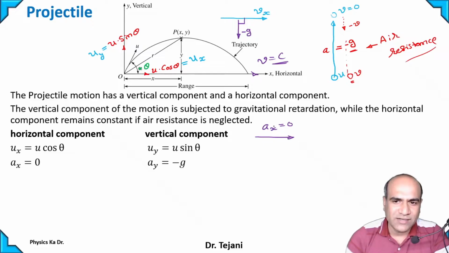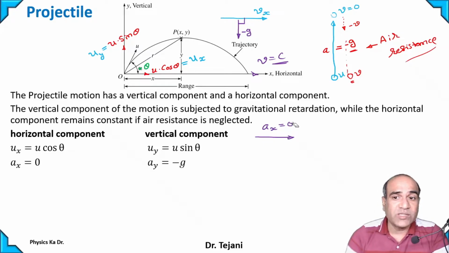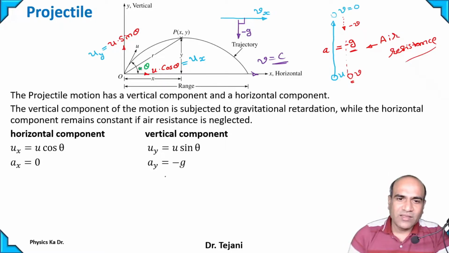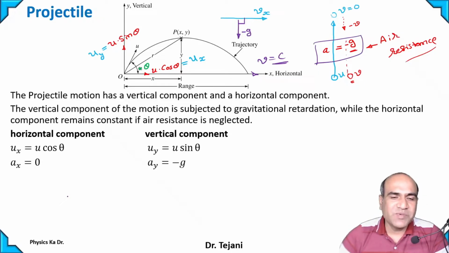If some acceleration or retardation is given, we have to consider it, but for a free moving body there is none. For vertical movement, there is an acceleration because of gravity, which is minus g.